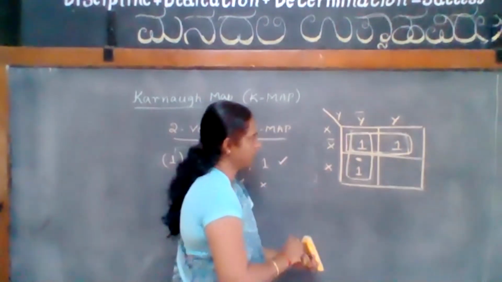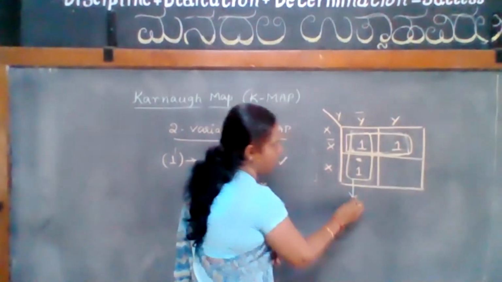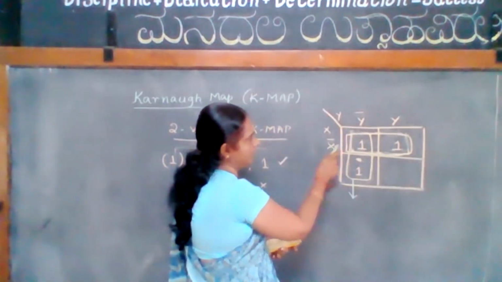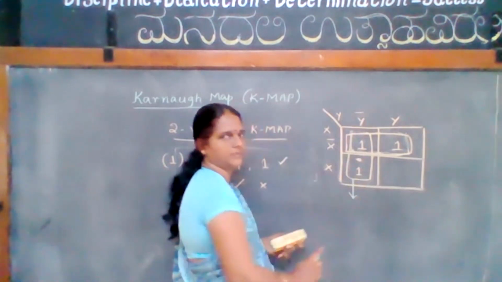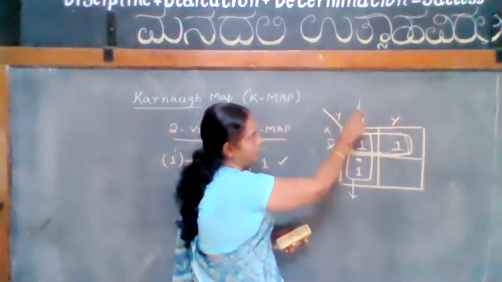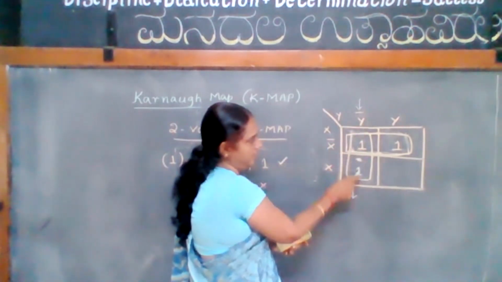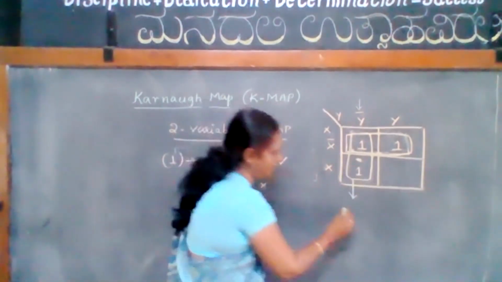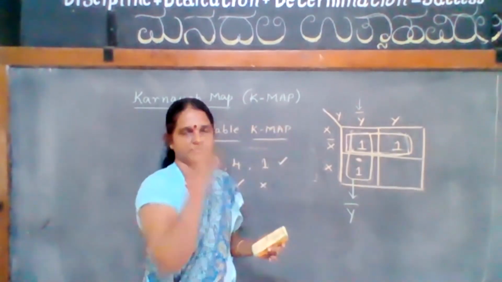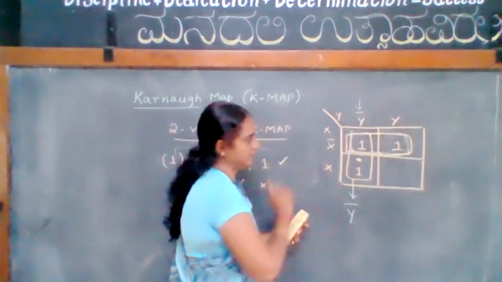Let us consider the first group, the vertical group. What you have to do is see y dash is common to this cell as well as this cell. Write that common variable as it is.